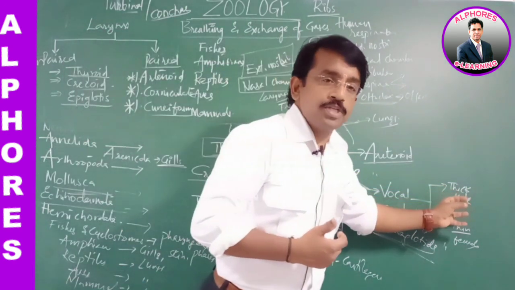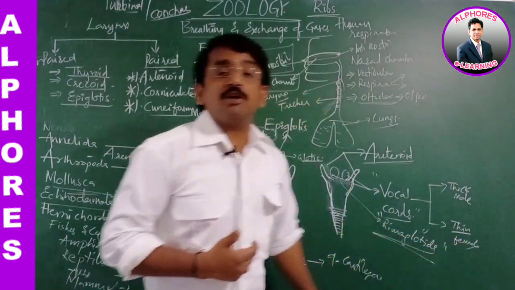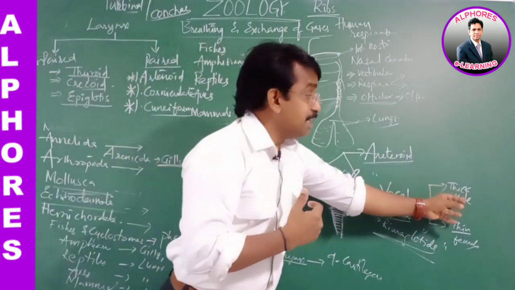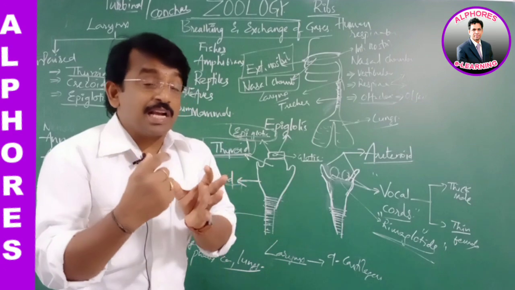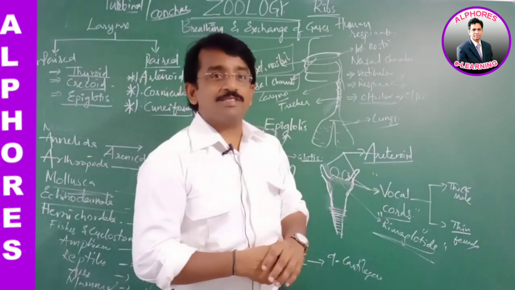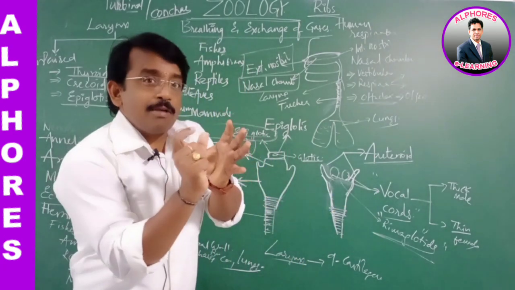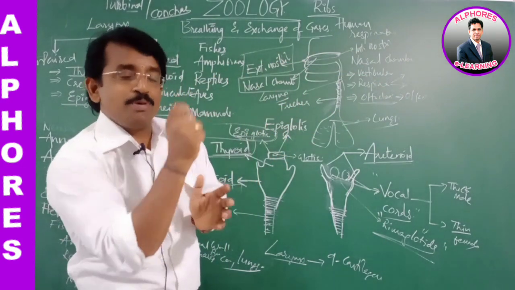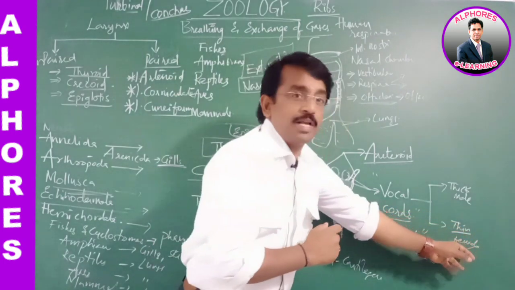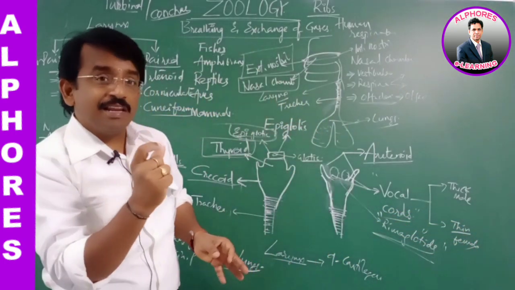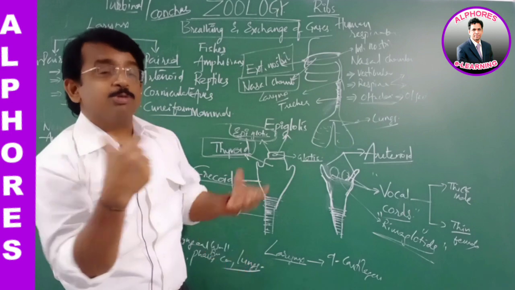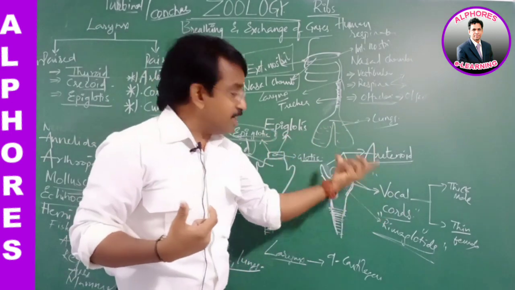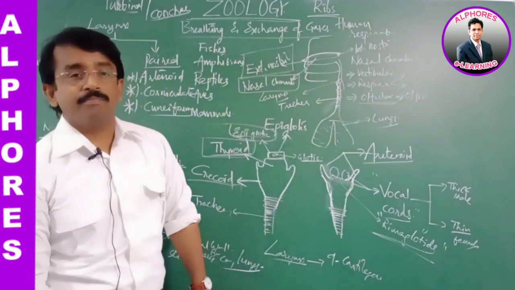Males have thick and long vocal cords. The thick ones vibrate slowly, so they produce a low pitch voice. Whereas in females, the vocal cords are thin, so they vibrate more, giving a high pitch voice. This is the sound production done by the larynx.